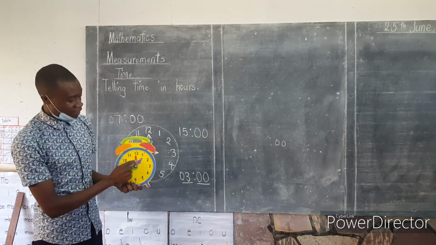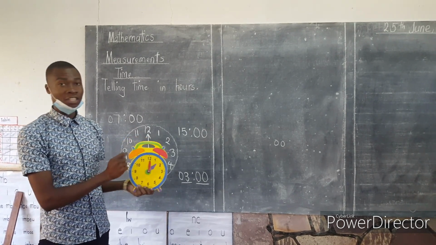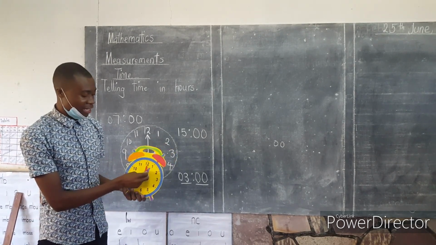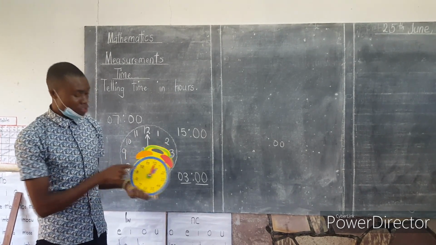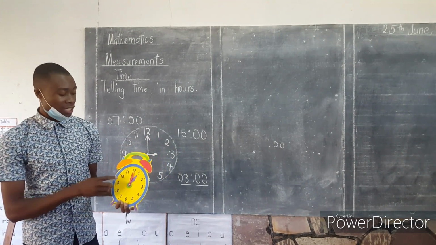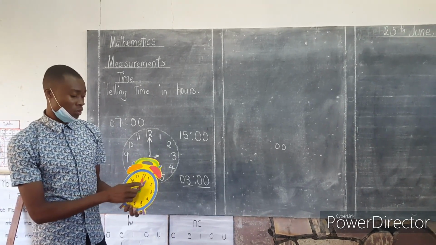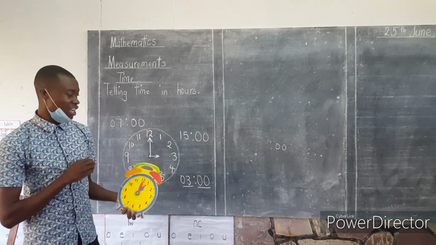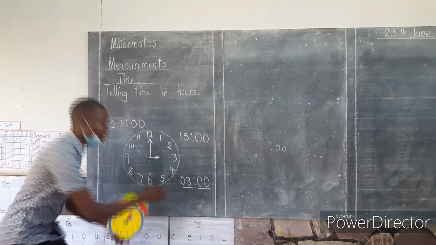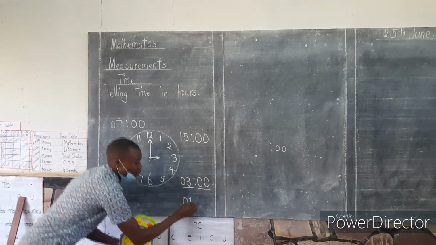Okay, so we have the long hand pointing at 12, and the short hand for hours pointing at 1. So the time shown on the clock will start with the short hand, which is pointing at 1, meaning we start with hours, 01.